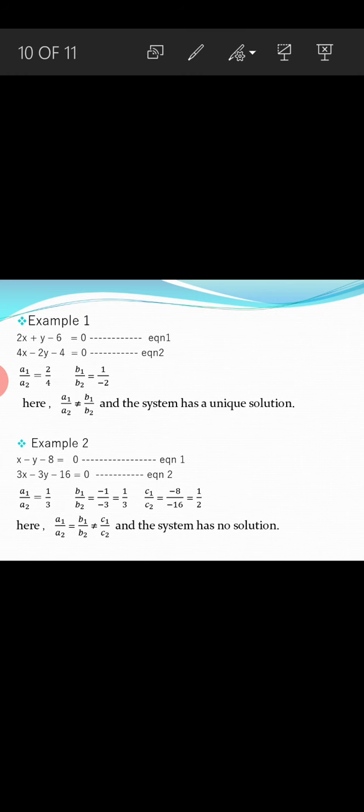Now in the example which we had taken, first example 2x plus y minus 6 equal to 0 and 4x minus 2y minus 4 equal to 0. Here if we compare the ratios a1 by a2 and b1 by b2, we observe that a1 by a2 is equal to 2 by 4, that is coefficient of x in equation 1 divided by coefficient of x in equation 2. 2 by 4 is 1 by 2. b1 by b2, that is coefficient of y in equation 1 divided by coefficient of y in equation 2, that is 1 by minus 2, it is minus half.